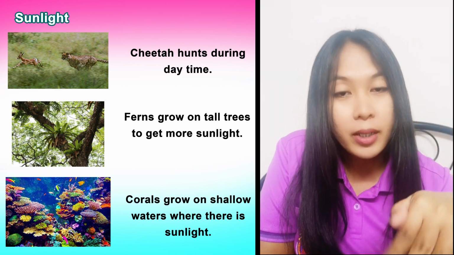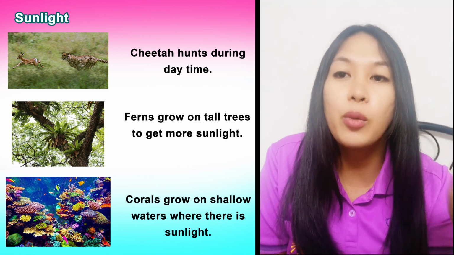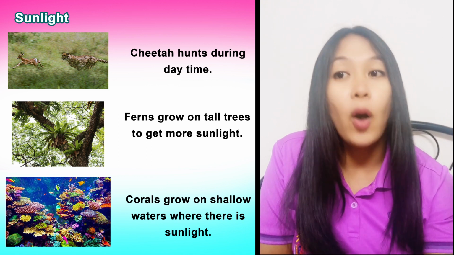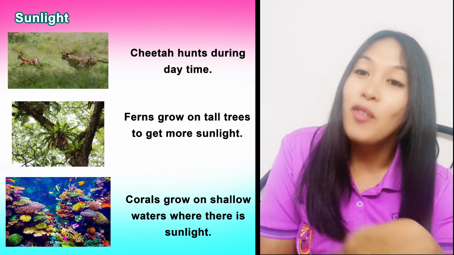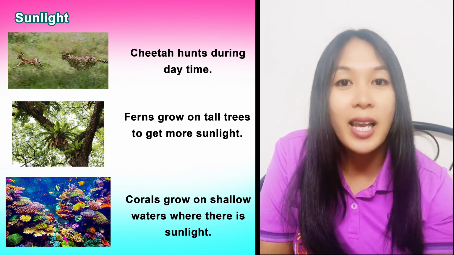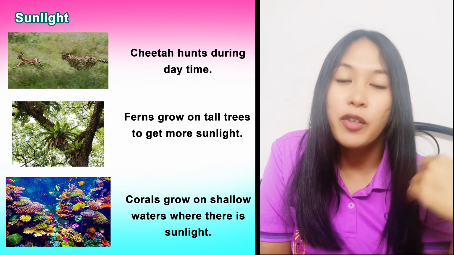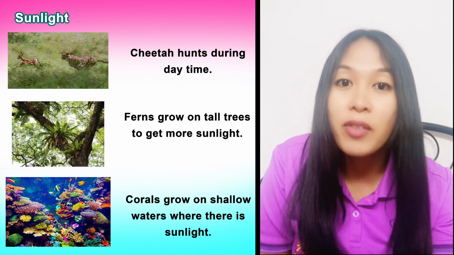Let's go deep in the water, not so deep. The corals grow in shallow waters where there is sunlight. They also need sunlight in order to survive and have a beautiful day. So sunlight is very important for you, for me, for the animals, and also for the plants.